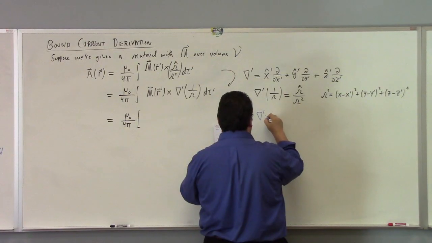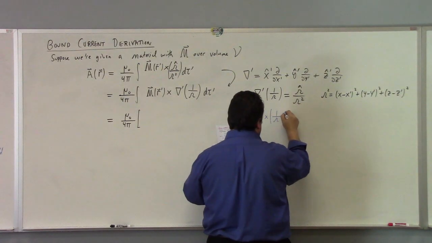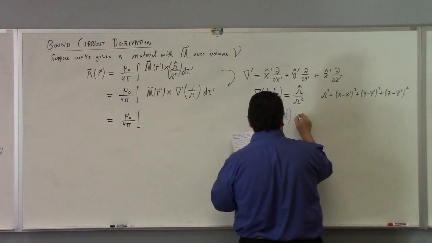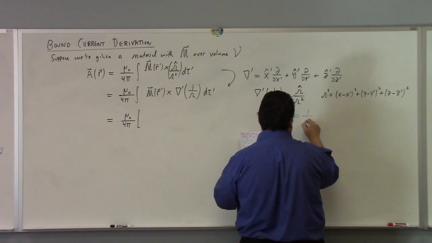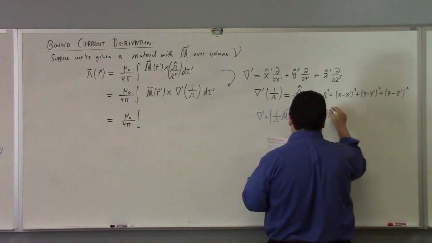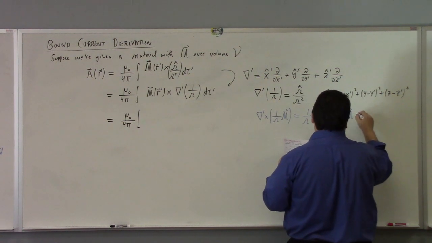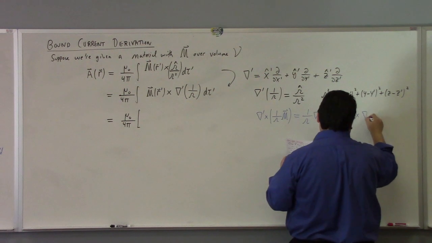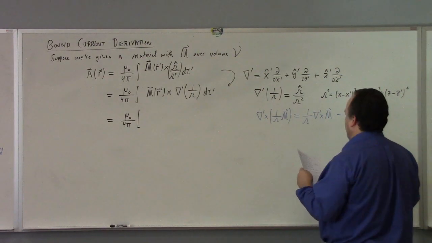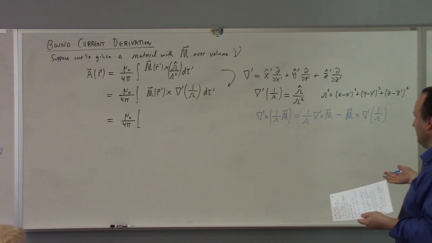The curl of 1 over script r times M. I'm going to omit the r prime dependence if you guys don't mind. That's equal to 1 over script r curl prime of M minus M cross product with the gradient prime of 1 over r. That's just the product rule from the front cover, right?